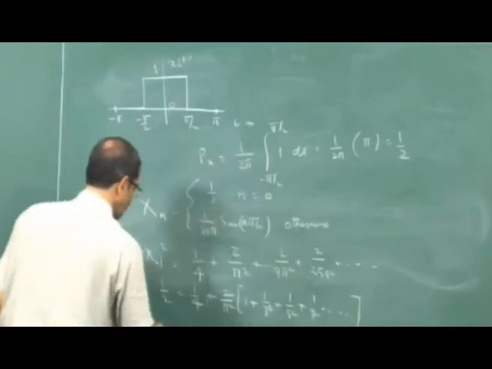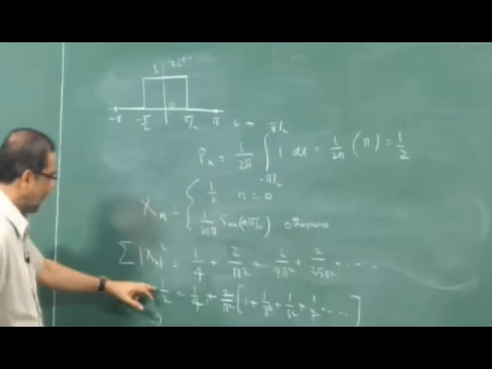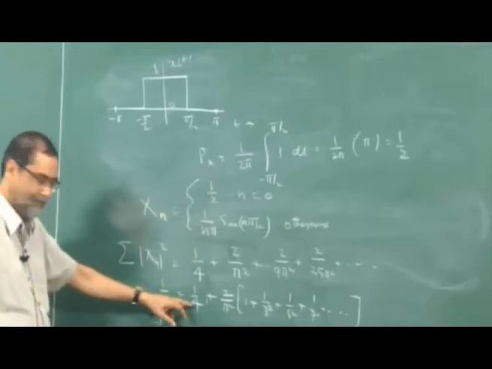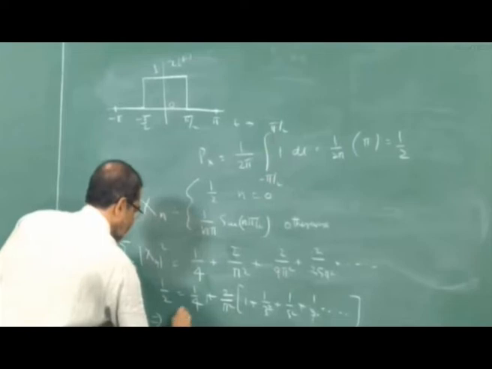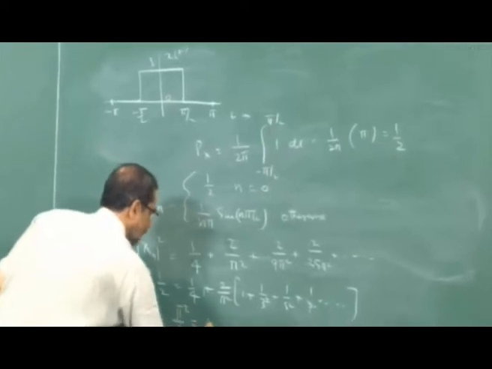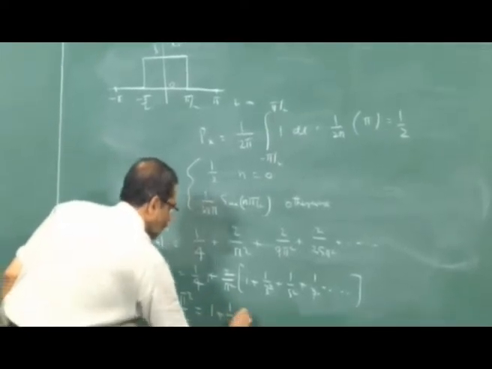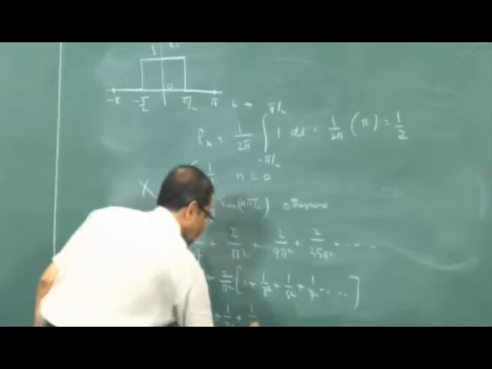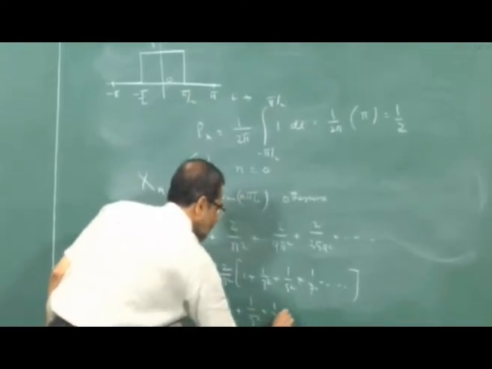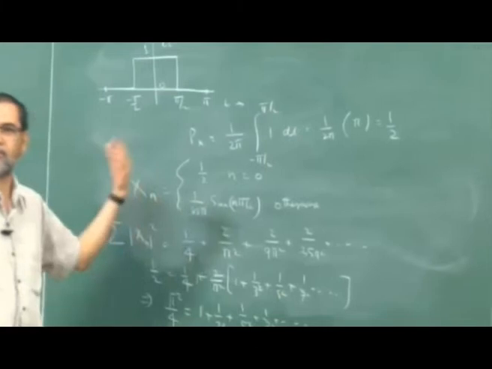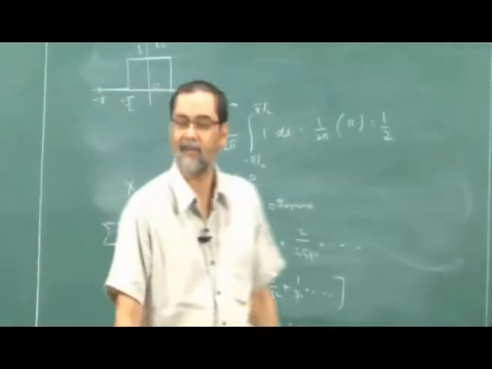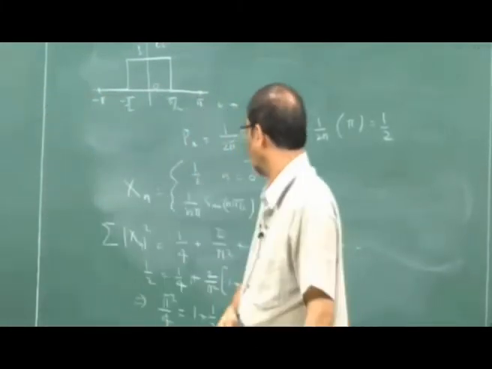And so you get this relationship, half minus 1/4 is 1 by 4, so it is pi square by 8, equal to 1 plus 1 by 3 square plus 1 by 5 square plus 1 by 7 square. We got another excellent infinite series as one application of Parseval's formula.